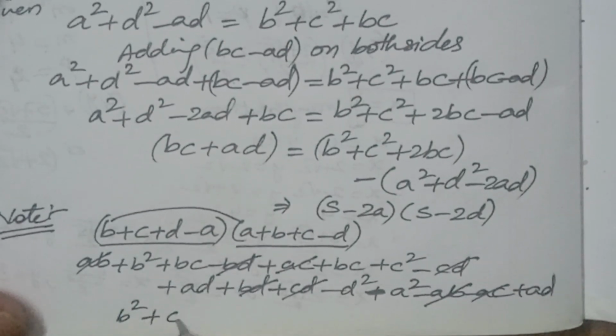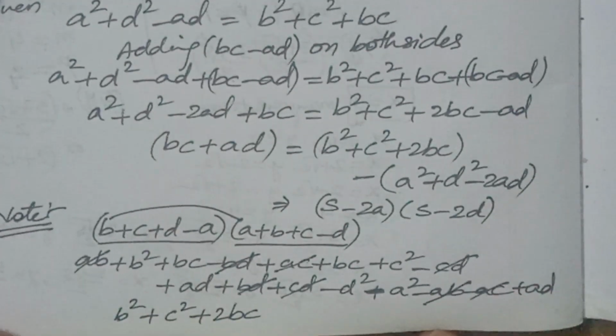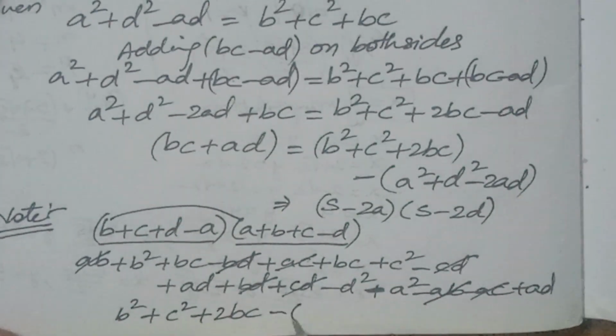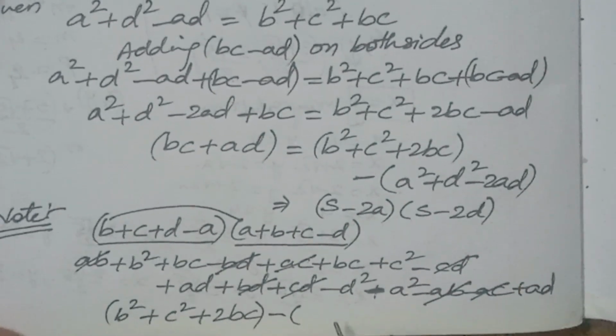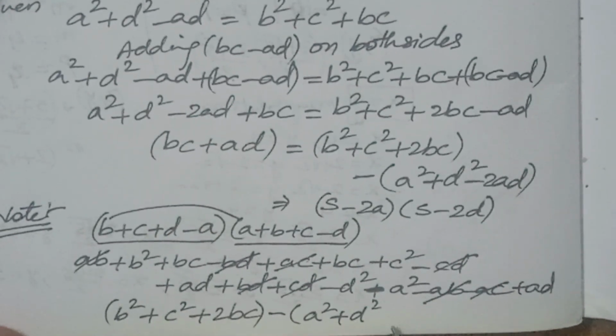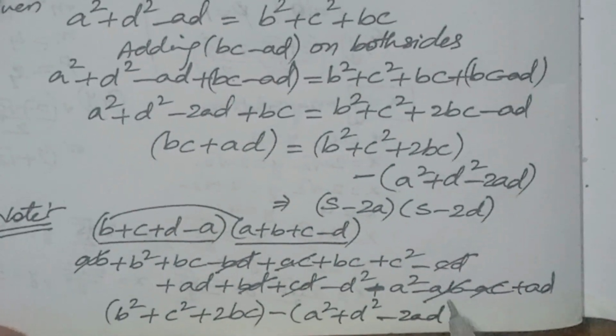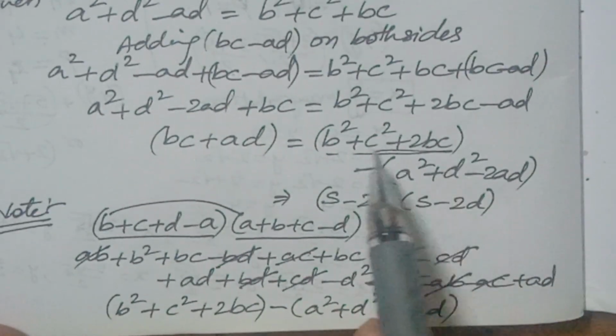B square plus C square plus 2BC minus of A square plus D square minus 2AD.